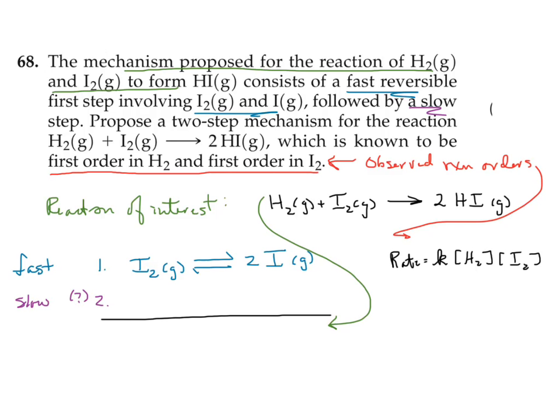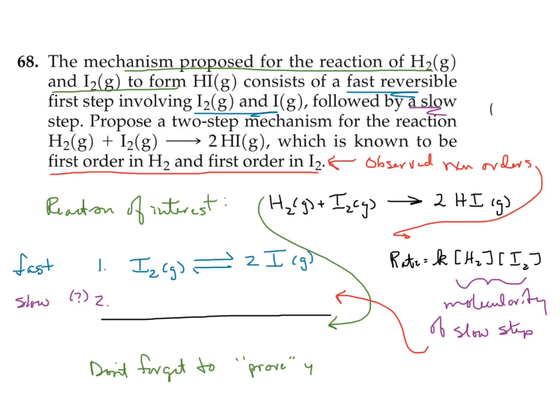But your second elementary step needs to not only give you your overall reaction of interest, but also, since it's slow, it needs to ultimately shake out to be consistent with your observed rate law expression. Don't forget to prove your mechanism, like in class.